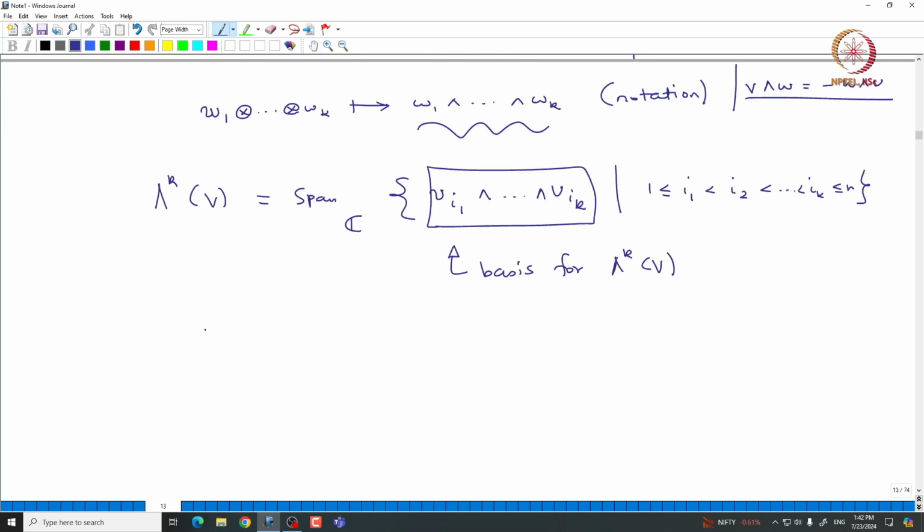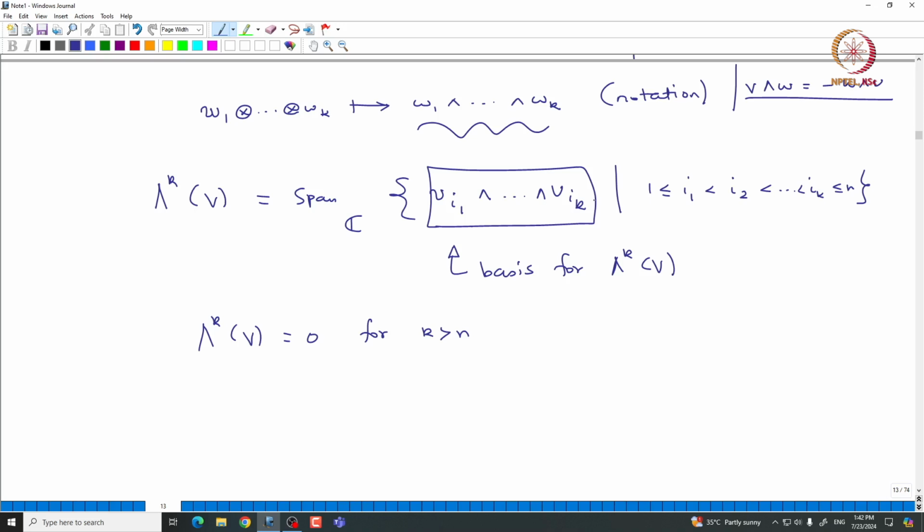Now it is not very hard to see lambda k of V is 0 for all k greater than n, because if you pick I 1 through I k from only n elements, at least one of them should repeat.